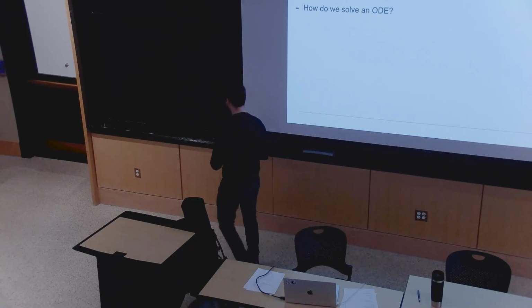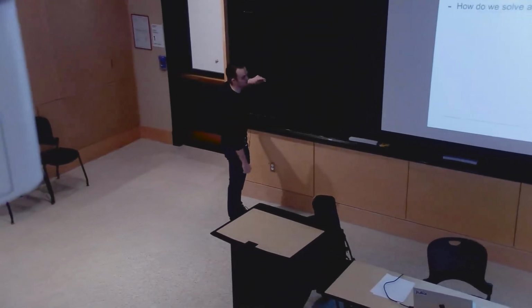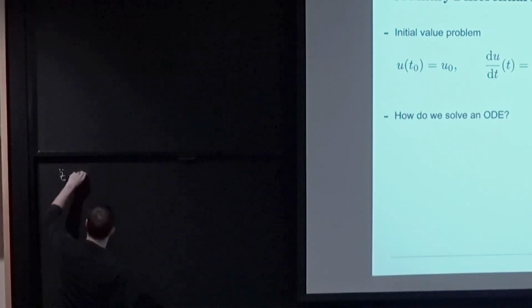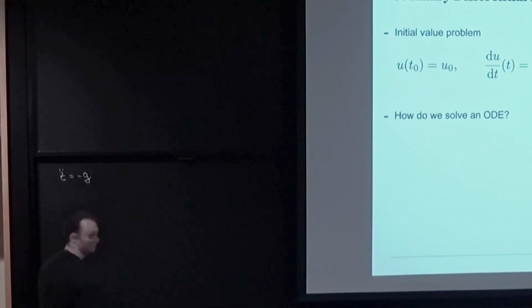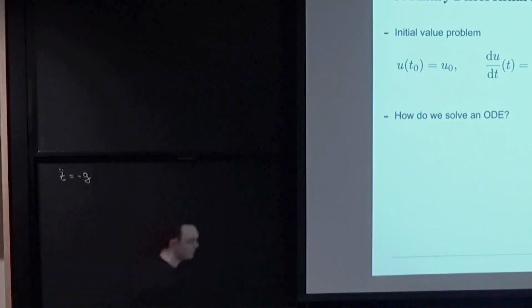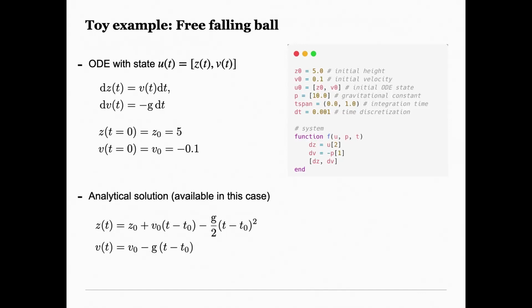Let's say the probably simplest ODE I could imagine is one of a free-falling particle or ball, which is described by, well, probably we've all seen this, Newton's law: the acceleration is equal to minus the gravitational constant. And for these kind of easy ordinary differential equations, we can solve that analytically.